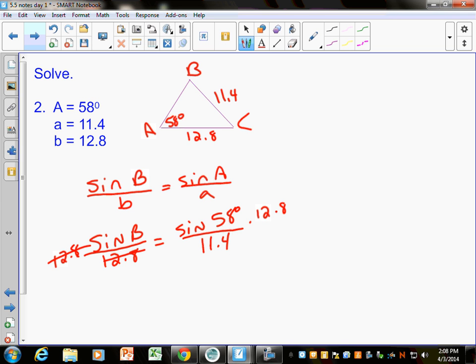So I don't get B right now. I get sine of B equals this lovely, ugly mess. So I have to type in the sine of 58 degrees divided by 11.4 times 12.8. And you get like 0.95219. Write a good amount of decimals there.